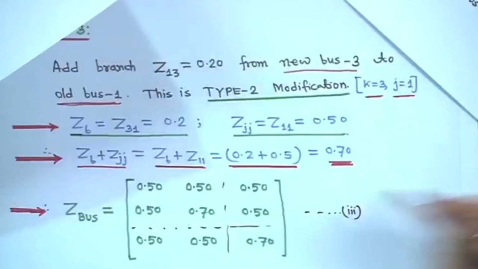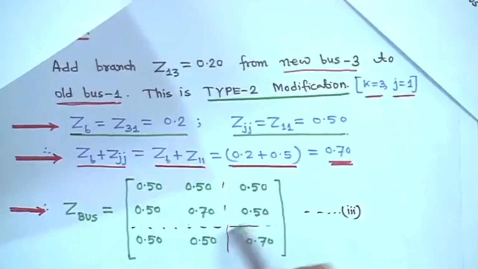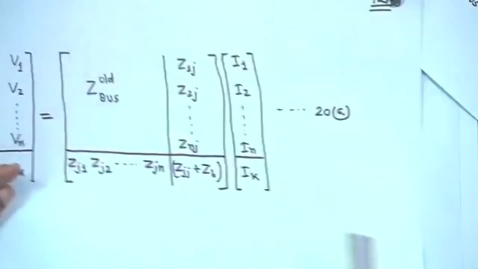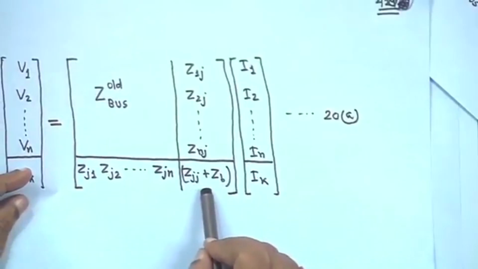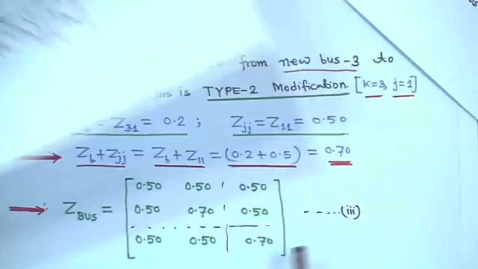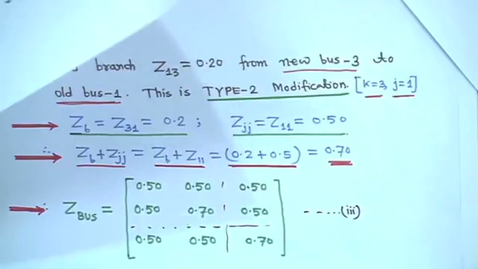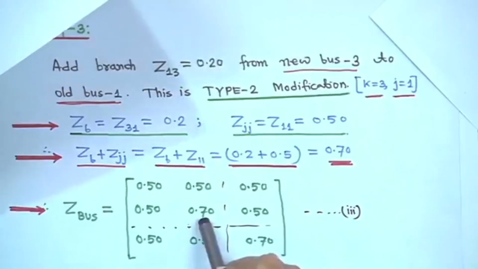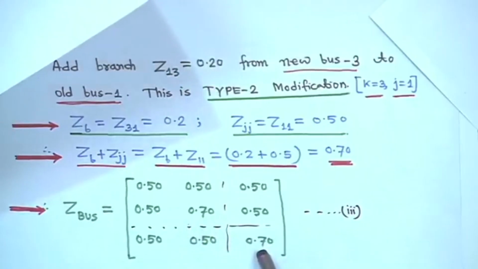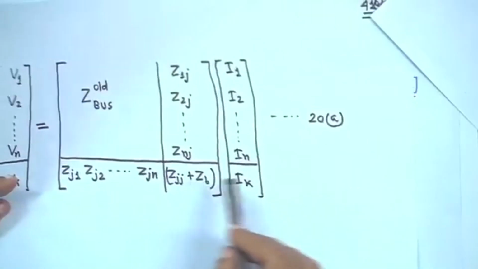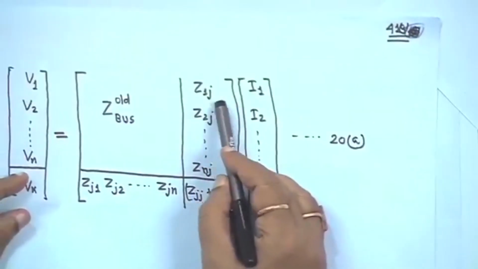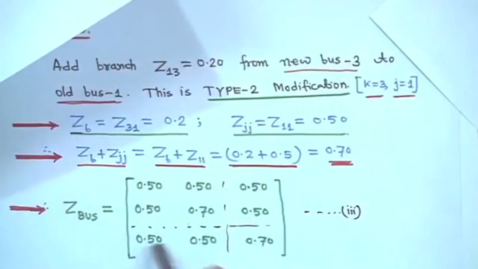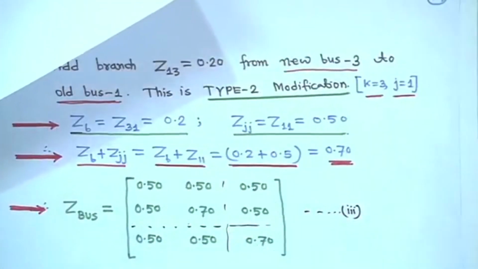Here also it is 0.5, 0.5, as before, and Z11 plus Zb comes to 0.7. So here it is 0.7, here also 0.7. Similarly, if you put j equal to 1, you will get all these terms, Z11, Z21, Z12, as 0.5. This is type 2 modification.